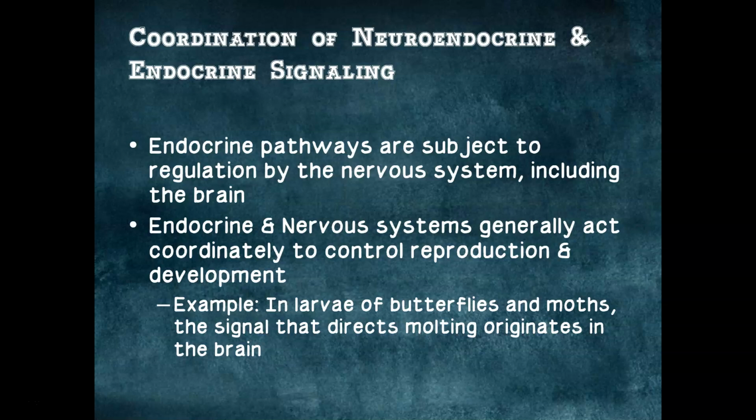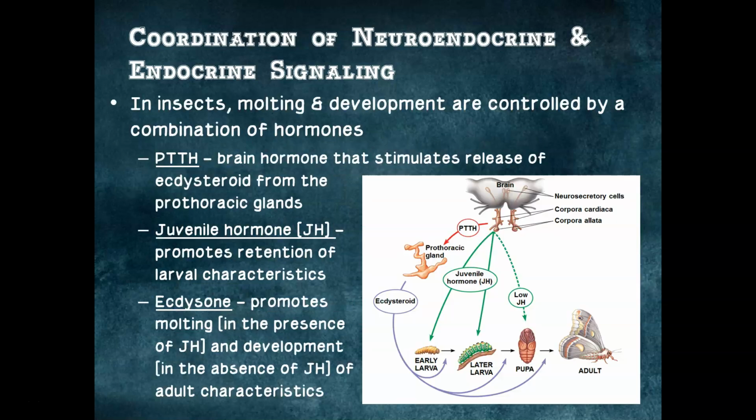They get these signals that directly impact their ability to go from that caterpillar stage into that adult butterfly. So the coordination of their nervous and endocrine systems directs that molting, and it ultimately does originate in their brain. So, in a lot of insects, and this is just one example, that molting and development is controlled by a combination of hormones that are ultimately regulated by the brain itself.